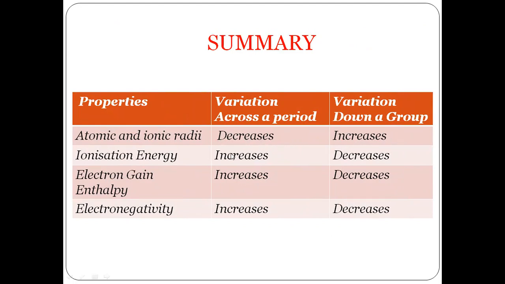Wherever it is decreasing, all the rest 3 are increasing, and wherever it is increasing, all the rest 3 are decreasing. That's very important, because ionization enthalpy, electron gain enthalpy, and electronegativity are inversely proportional to atomic radii. So always remember that if atomic radii increase, the rest 3 properties decrease. If atomic radius decreases, the rest 3 properties increase.